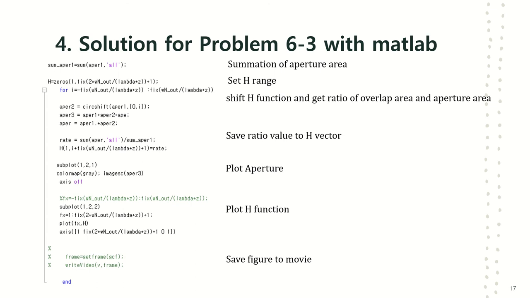The next line sets the initial value of the OTF. From the third line to the end is a for statement to shift the aperture area to obtain the ratio one by one. The middle of the for statement includes getting the ratio of overlap area and aperture area, and also plotting the aperture and OTF.